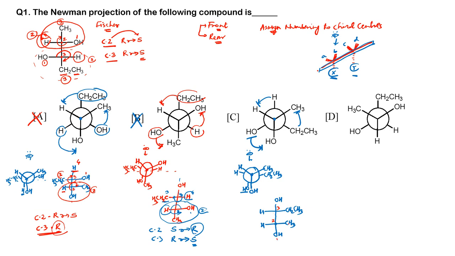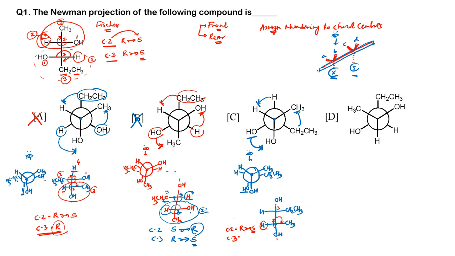For this one, this is 1, and this one will be the second priority, CH3 will be the third, and hydrogen will be the fourth. So in this case, this will move in a clockwise direction. So we are expecting C2 is with the clockwise direction, but the hydrogen is towards observer, so therefore R will change to S.